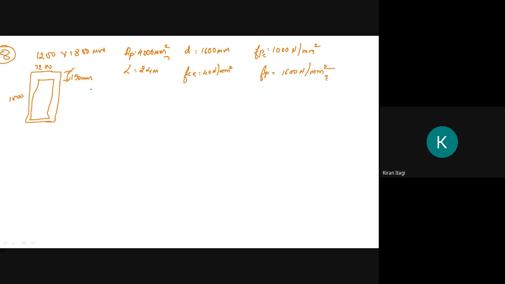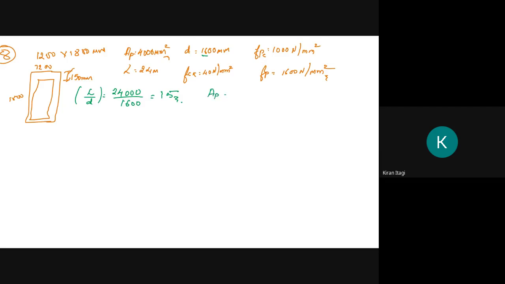See here, the first thing we should do is L by D. What is L? It is 24,000 mm, divided by the effective depth 1600, it will be 15. Then by seeing the force, I think the neutral axis will fall in the flange.